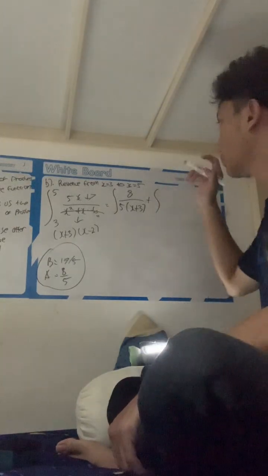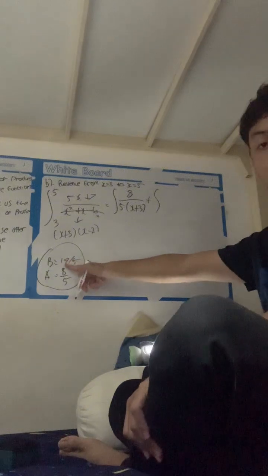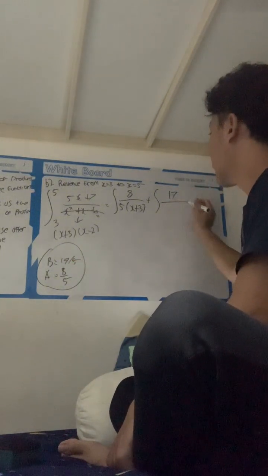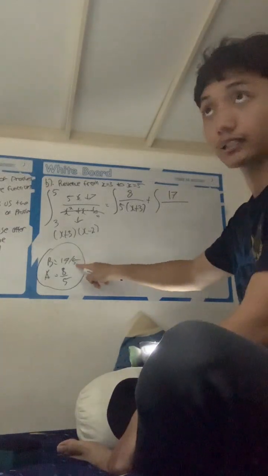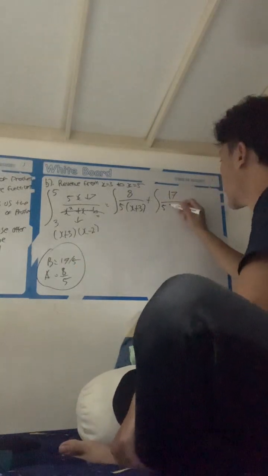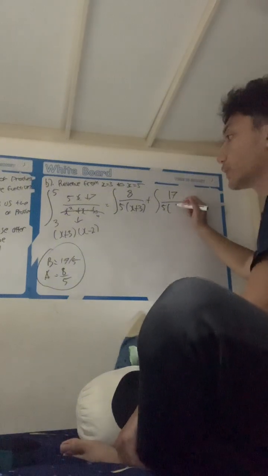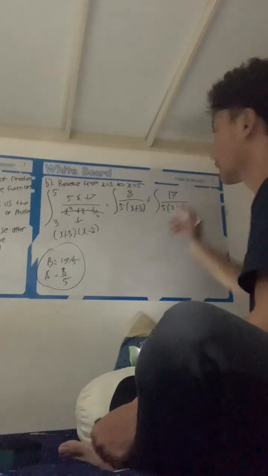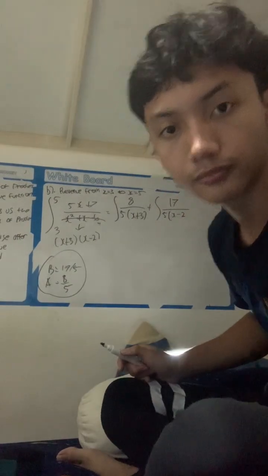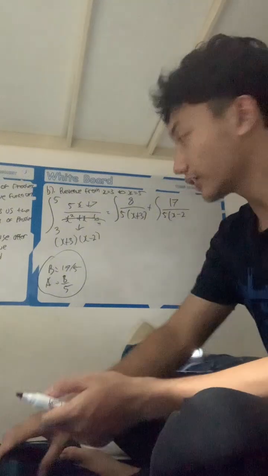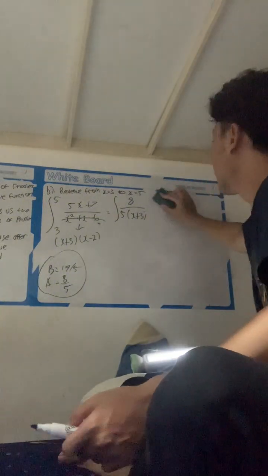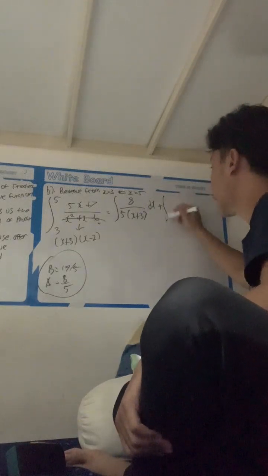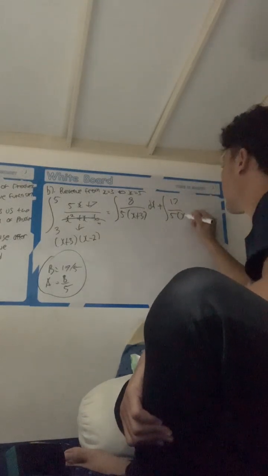Plus, same goes with the B one. We have 17 here and the 5 on the bottom, so we just write 17 here, then divided by 5 times the previous quadratic expression, so it's x minus 2 here. I'm so sorry, I forgot to put the dx right here, because we should all write the dx right here, and then 5x minus 2.